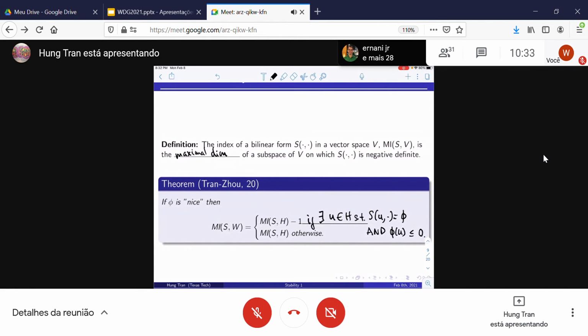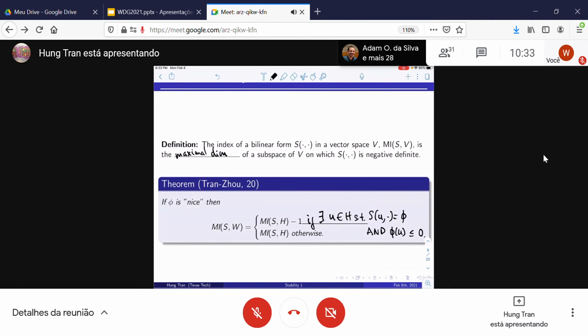So again, this is not a proof because the proof is a little bit involved, but I just want to give you some intuition behind what's going on here. We're trying to determine the relation between the bilinear form S and that linear functional phi.